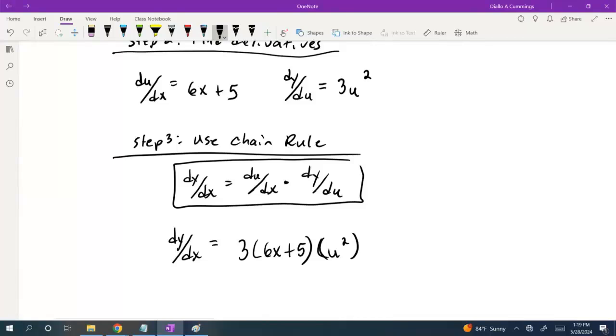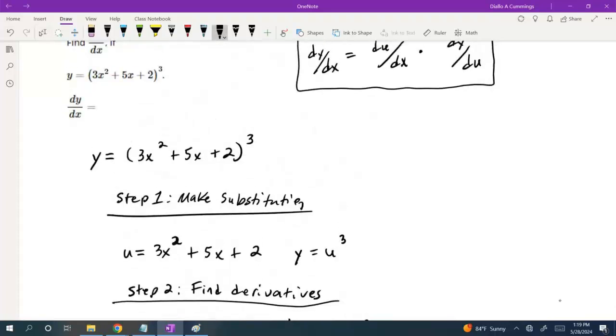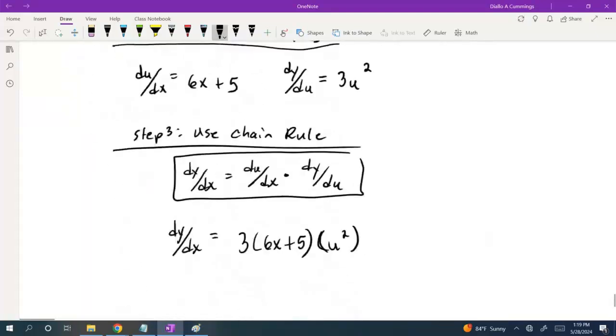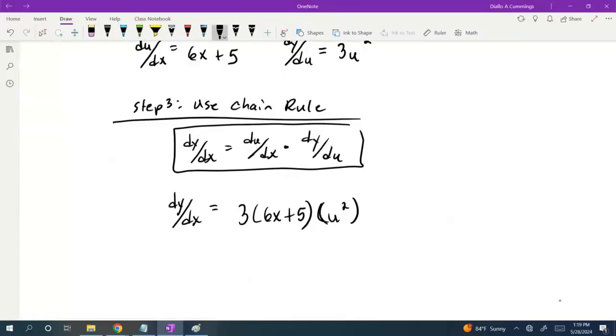Notice that our original function is written in terms of x, right? There are no u's in our original function. So therefore, our derivative must be in the original variable x. So in order to rewrite this in the original variable x, next we have to back substitute.